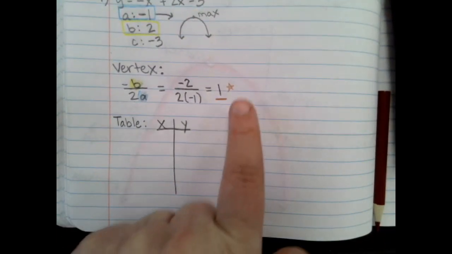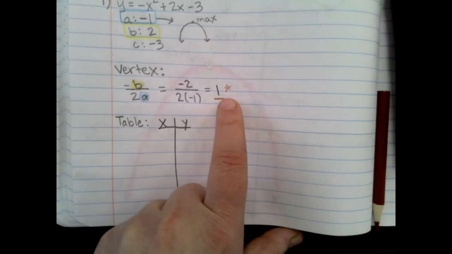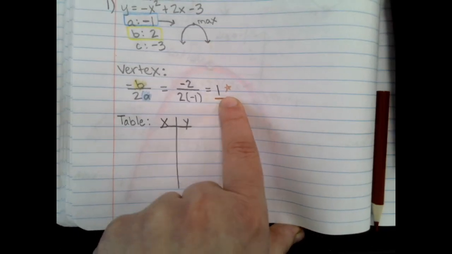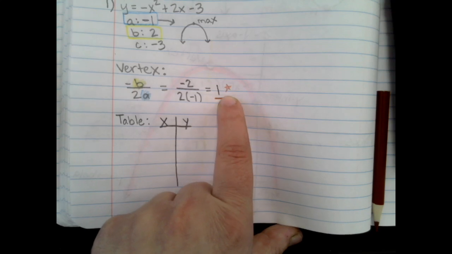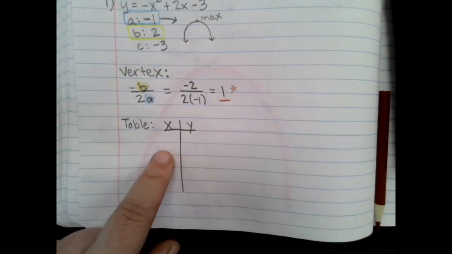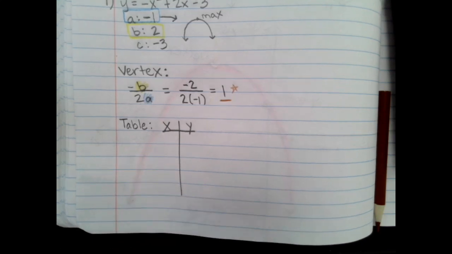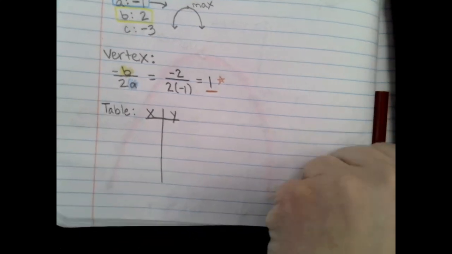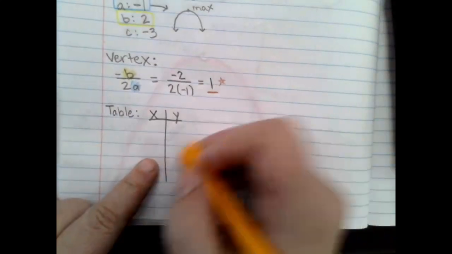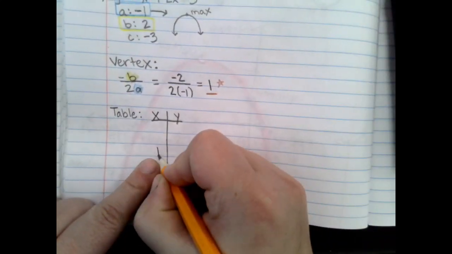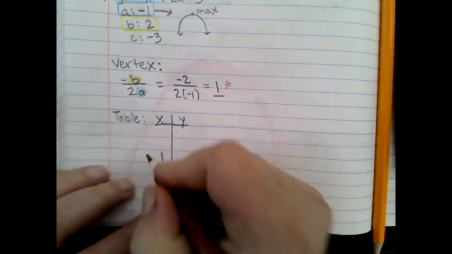Okay, our vertex 1 needs to go on the table. When we think about a vertex, is a vertex at the beginning of a graph, the middle of a graph, or at the end of a graph? Where do we want that maximum to be? We want it to be in the middle. So I'm going to take that 1, and I'm going to put it in the middle. So that's why I put that star there.